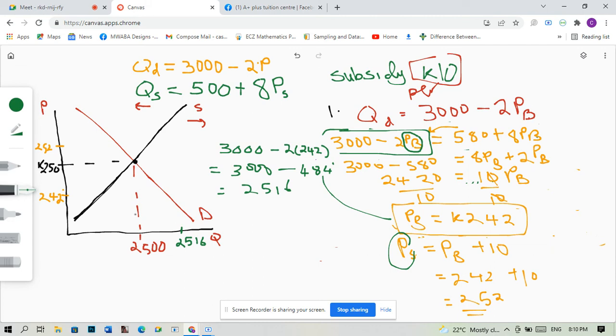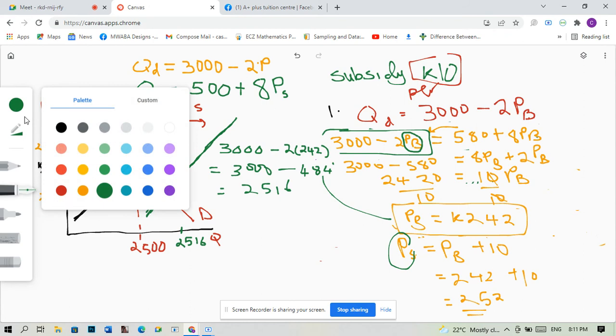So what happens is we're going to have a shift in our supply curve. Okay, we're going to have a shift, right? So let me accurately position these things. So this is our new equilibrium point, right?